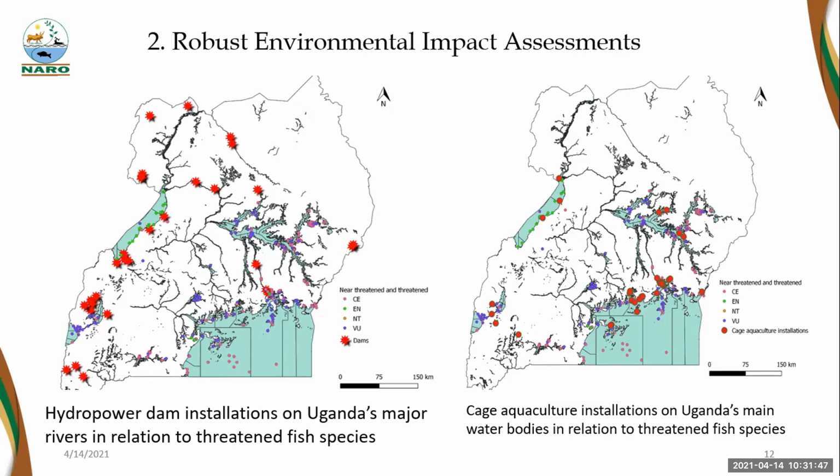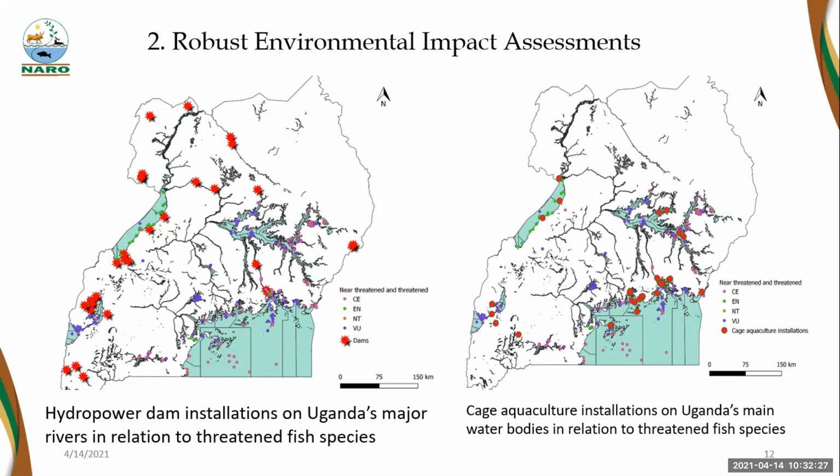Now, these two maps show the distribution of fish species in Uganda and their conservation status, according to the different IUCN red list categories, in relation to infrastructure development projects. On the left, we have hydropower dams on the major rivers in Uganda, which are shown by the red stars, and then the distribution of fishes in different red list categories.